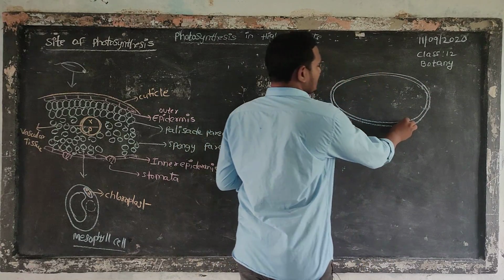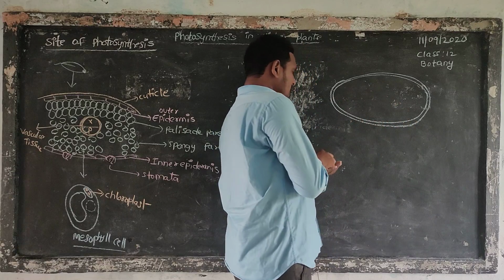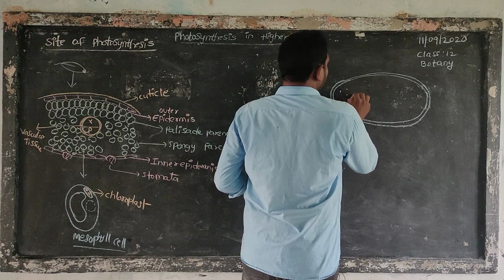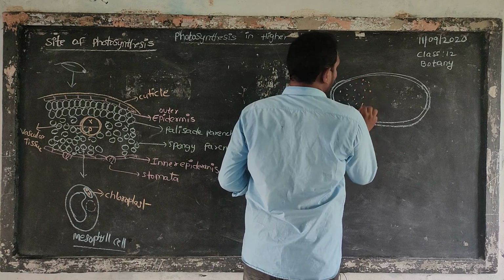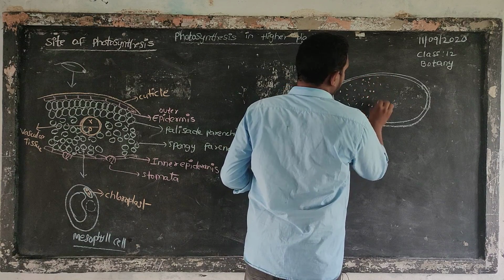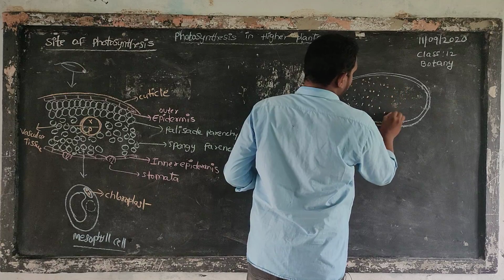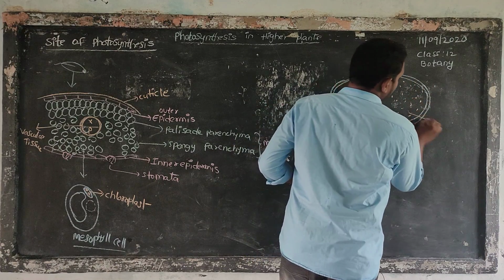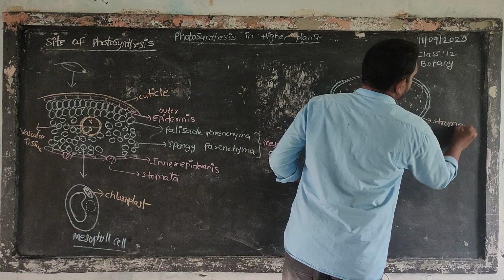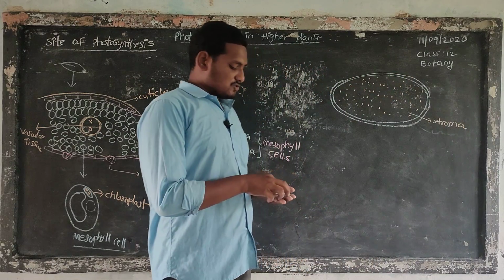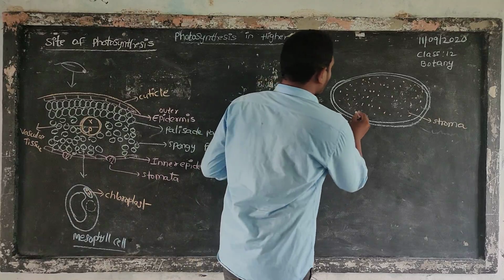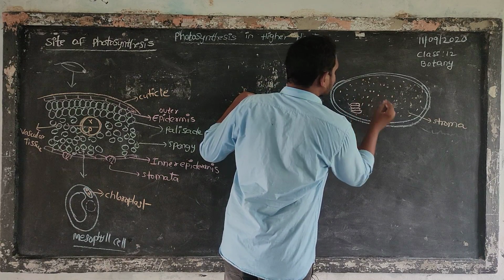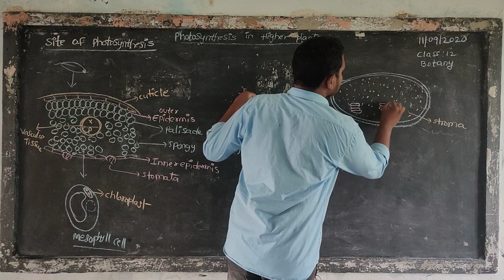This is the outer membrane, this is the inner membrane, and inside the chloroplast, a liquid portion is observed. This liquid portion is called stroma. Inside the stroma we observe membranous structures.